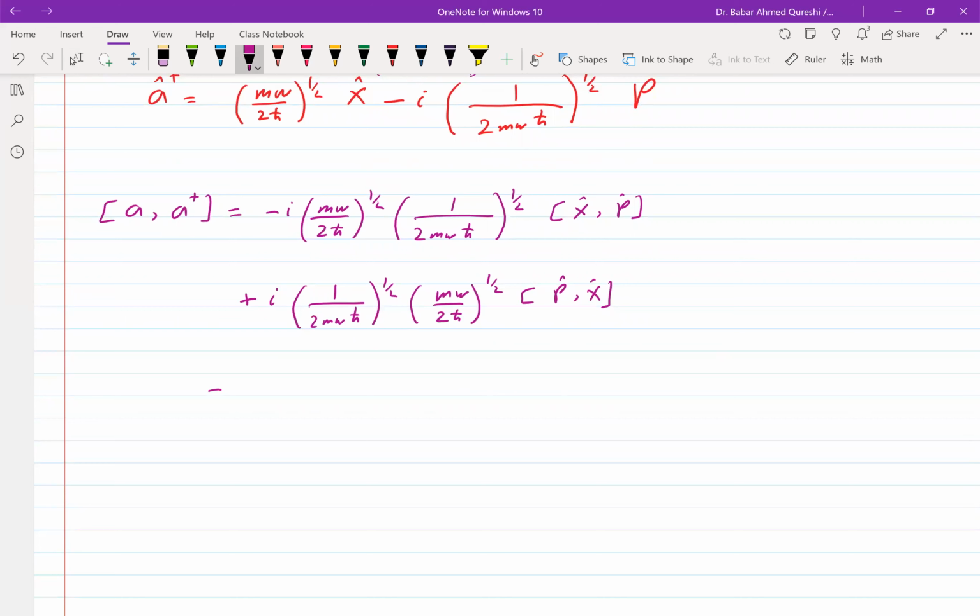However, this term, so m omegas cancel, and I get minus iota 1 over 2 h bar, right? Plus, same thing happens here, iota 1 over 2 h bar. But I can reverse the order because a hat b hat commutator is minus b hat a hat.